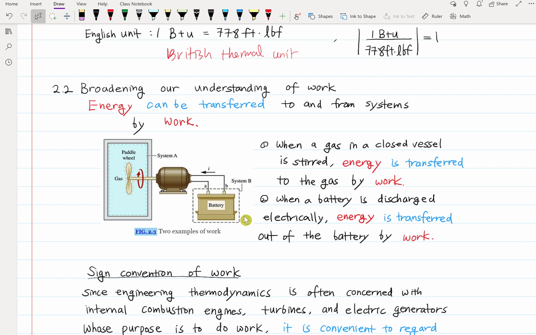We have another system containing a battery. When the battery is discharged electrically, current flows through the battery. So energy is transferred out of the battery by work. So there are different forms of work, mechanical work and electric work.